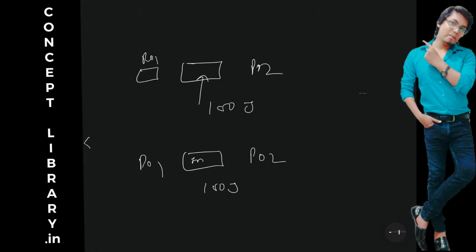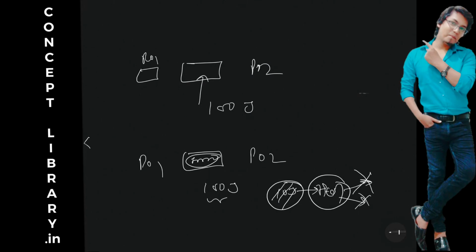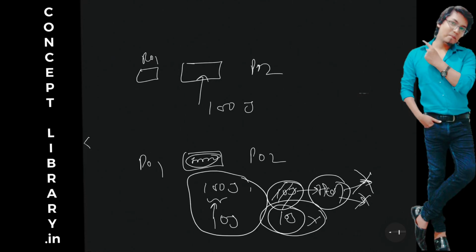But because of the presence of irreversibility, some amount of work out of 100 joule, suppose 10 joule, will convert into heat, and that heat will go out of the device. So that is of no use. This 10 joule work is our loss. To overcome this loss, you need to supply 10 joule more. So now your total work input is 110 joule. You see, in the actual process, now we have to supply 110 joule. I hope it's been clear.